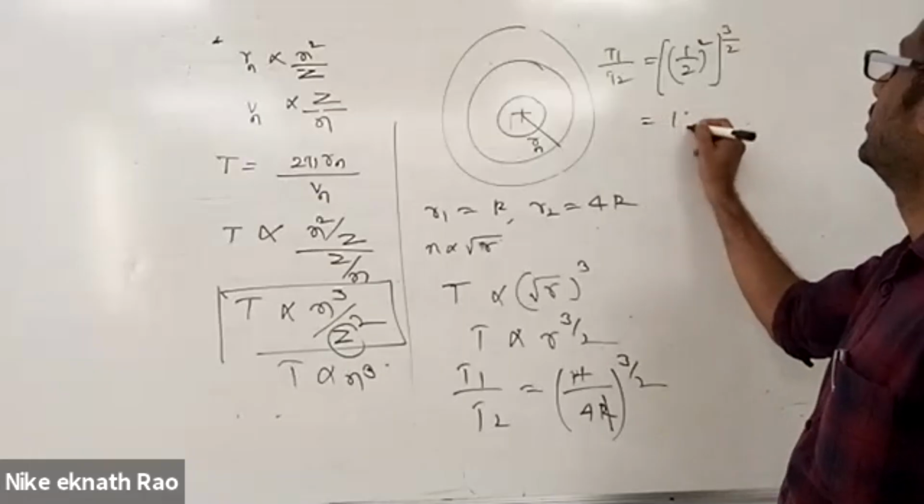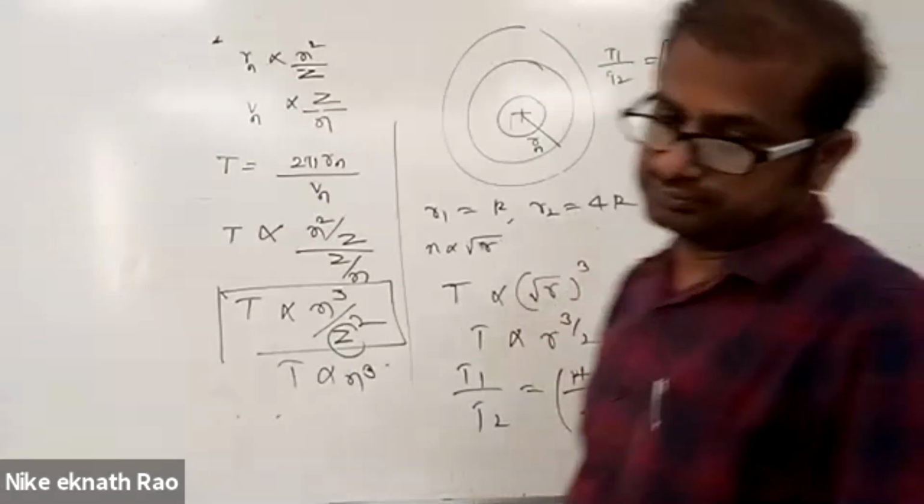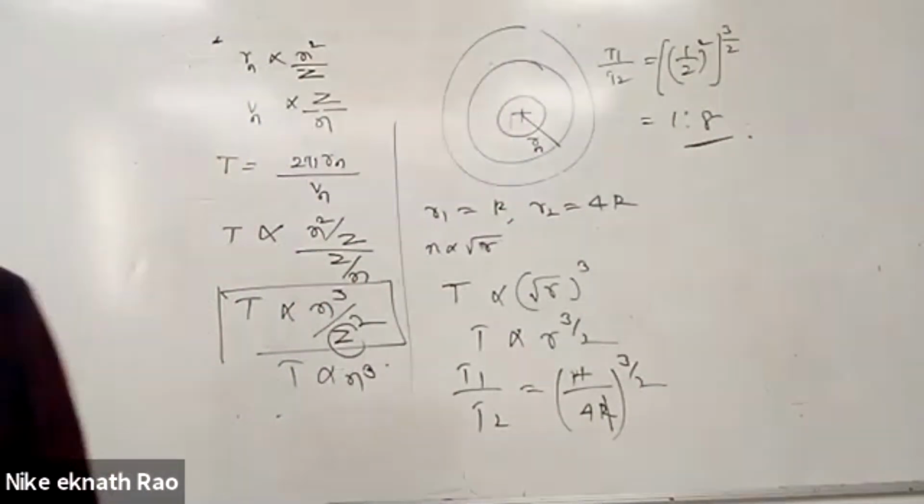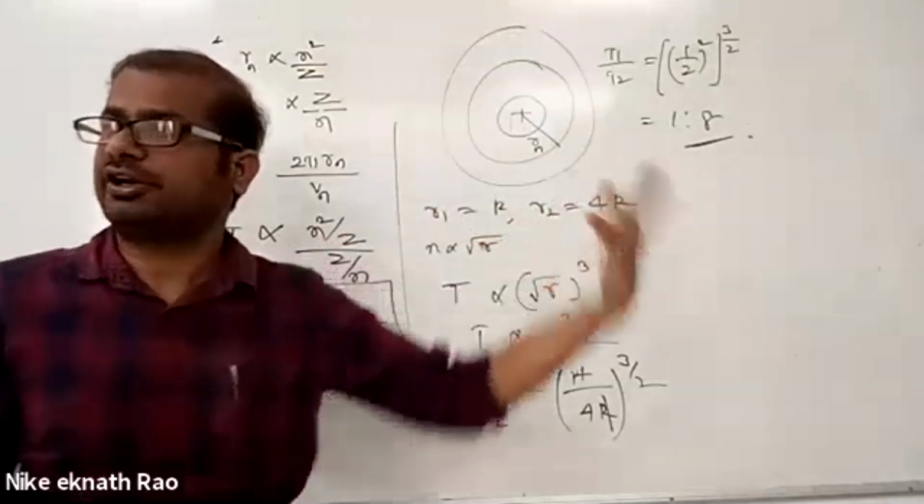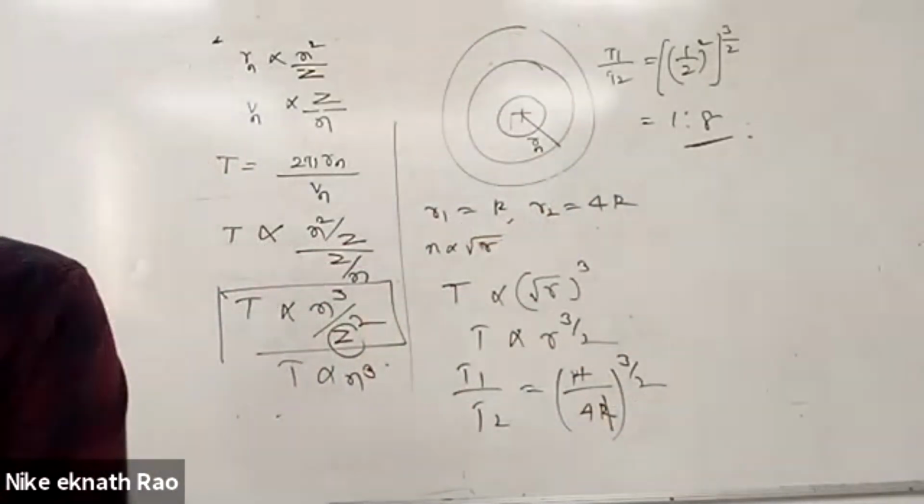What do you have? 1 is to 8. R to 4R is 1 is to 8. 4R to R means 8 is to 1. According to order, remember.